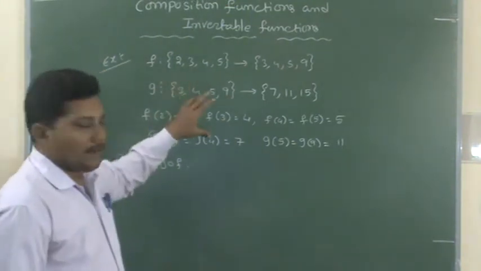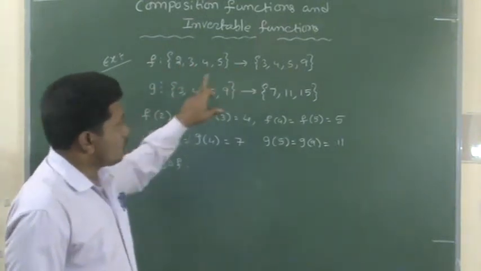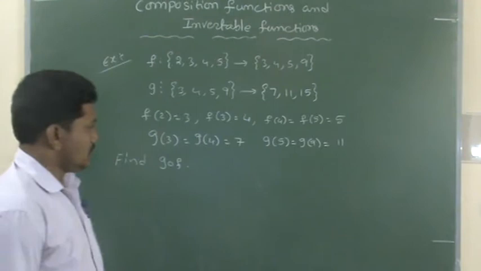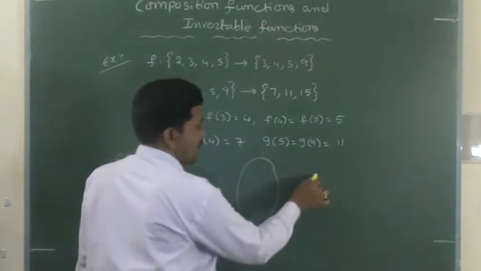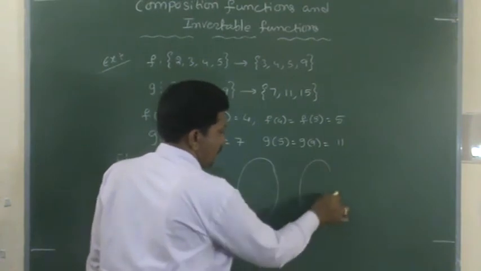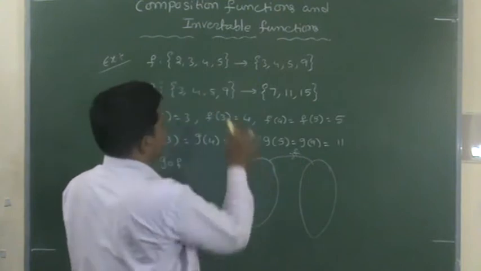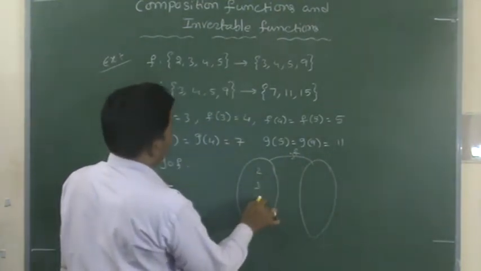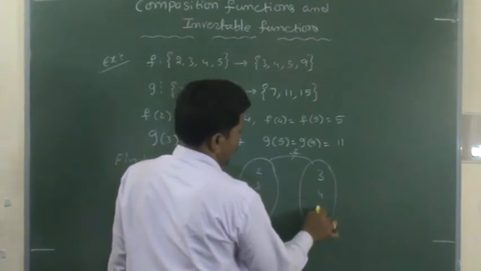Now here, the function is A to B, B to C, like that. I have to show it diagrammatically. This is F, mapping from 2, 3, 4, 5 to 3, 4, 5, 9.